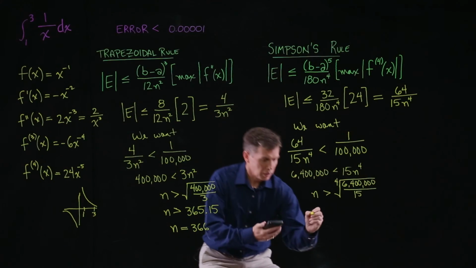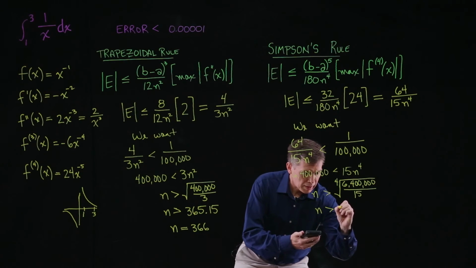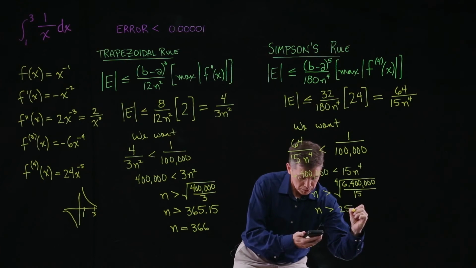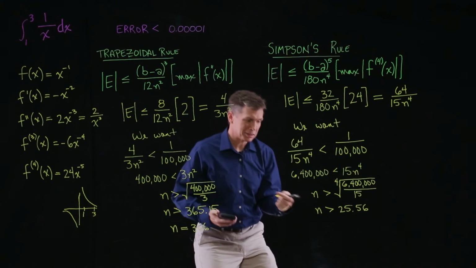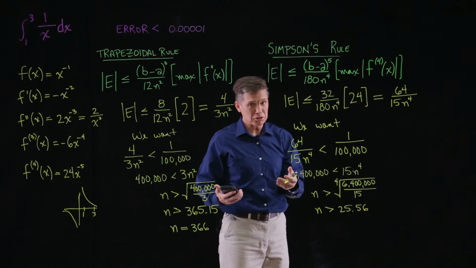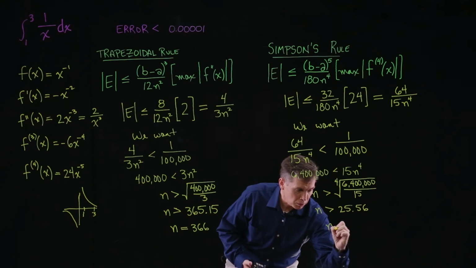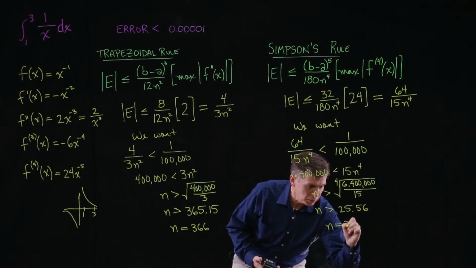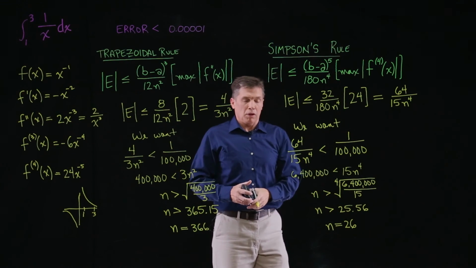And I am getting n greater than 25.56 if I round. But even like the commentary added before, the rounding doesn't matter because you've always got to bump up in order to make sure you meet that threshold. We're going to say n equals 26.